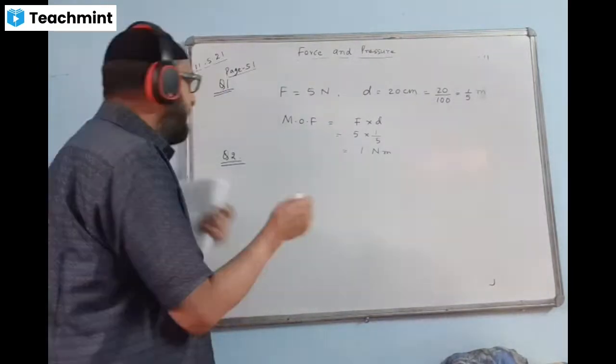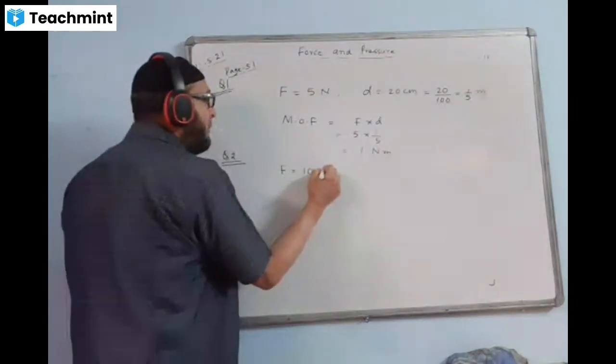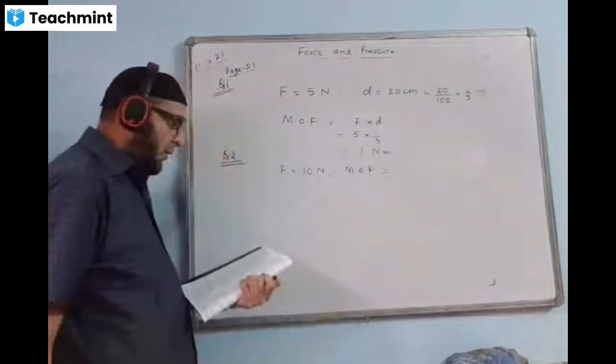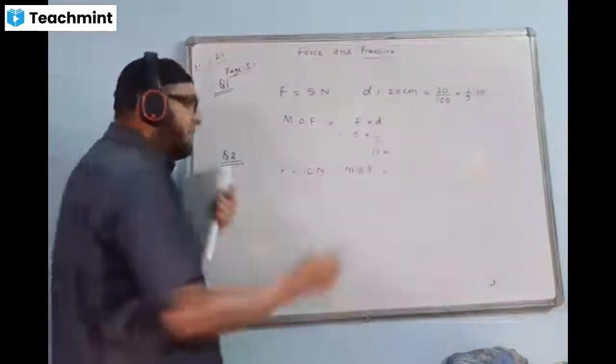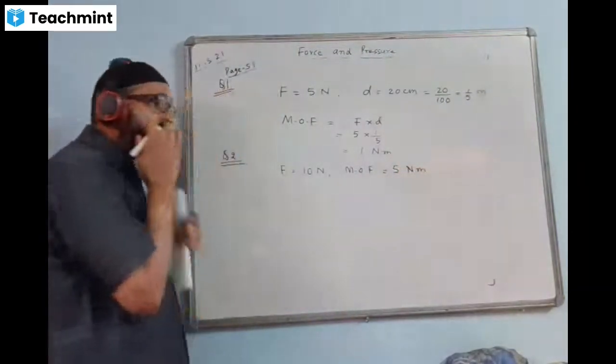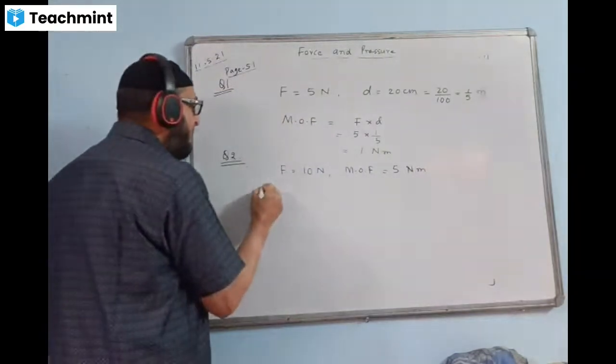So we have to write the information first. Force of 10 Newton is given and moment of force is 5 Nm. You have to find the value of D, the distance. Use the same formula.